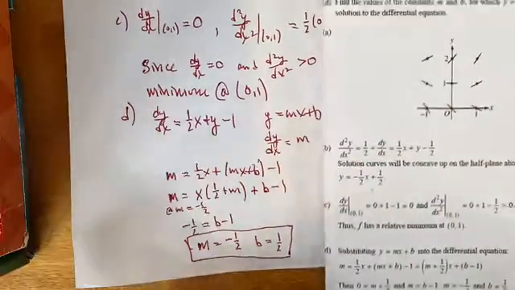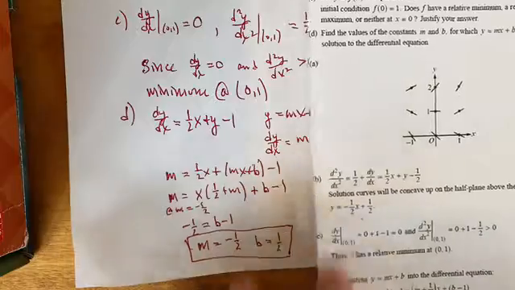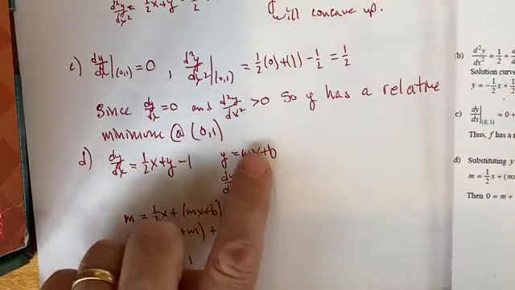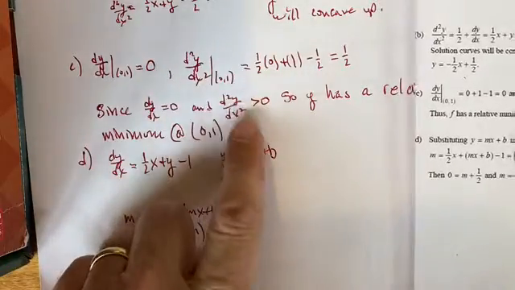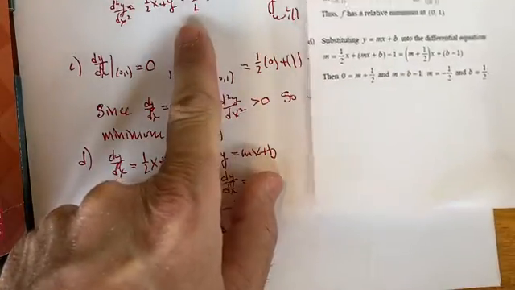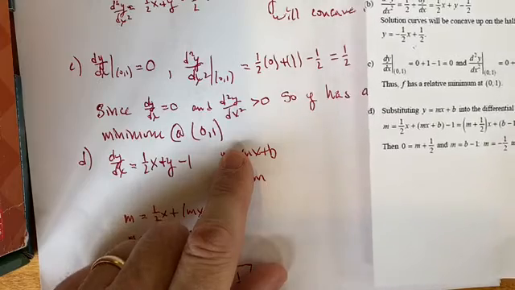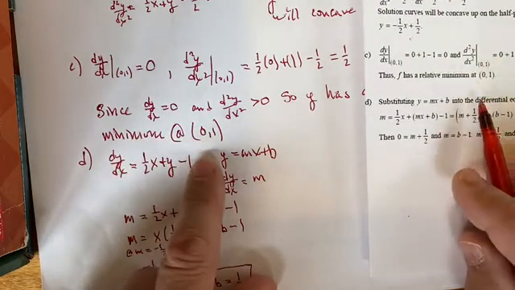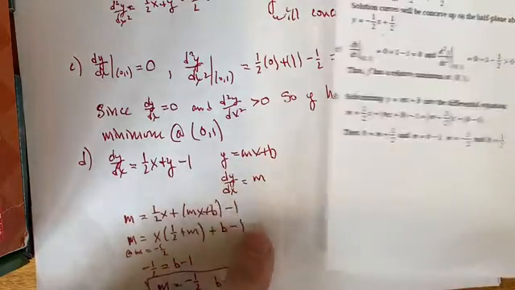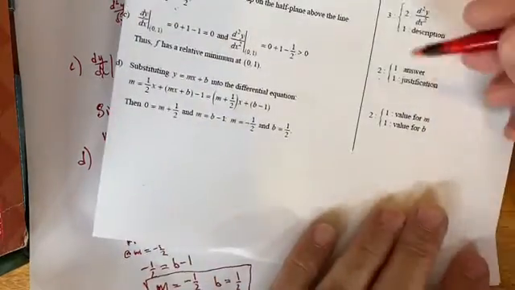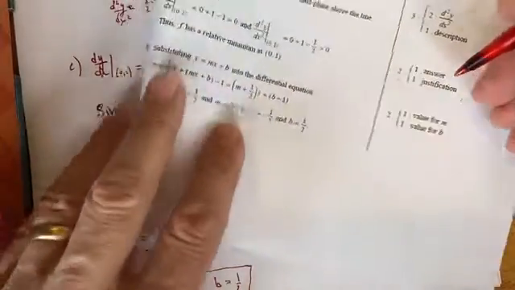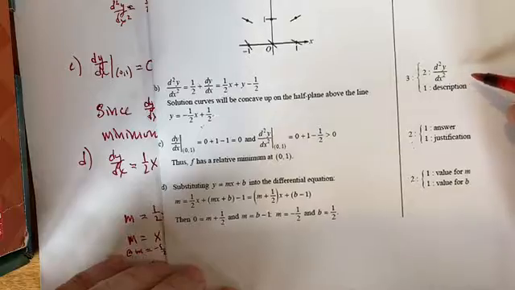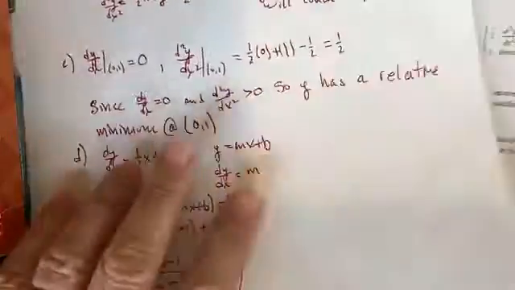Anyway, that's just everything above this curve is concave up, right? And then for C, relative minimum at (0, 1). And for D, 1 point for the value of m and 1 point for the value of b. So there you have it. And hopefully this helps you.